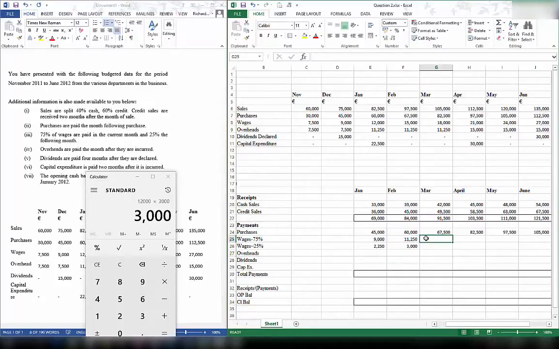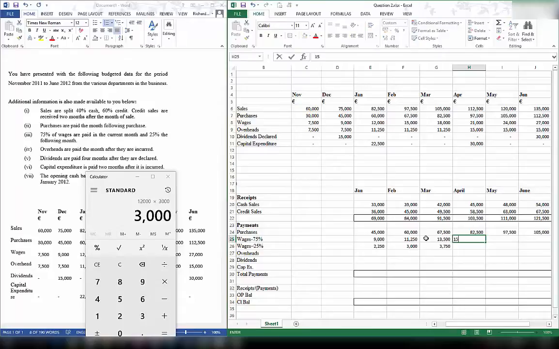And so on. In March, our wage bill was 18,000. So 75% of 18,000 is 13,500 paid this month, and we want 25% of the previous month. So we want 15,000, 25% of that gives us 3,750. In April, our wages were 21,000.